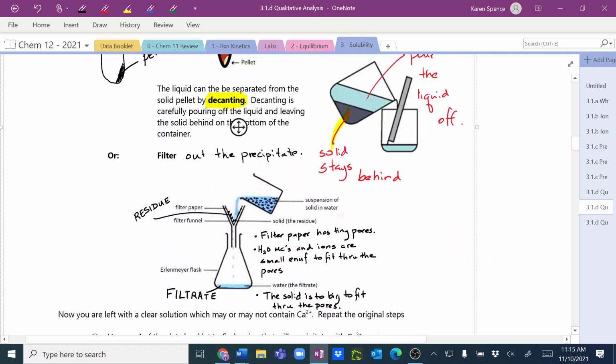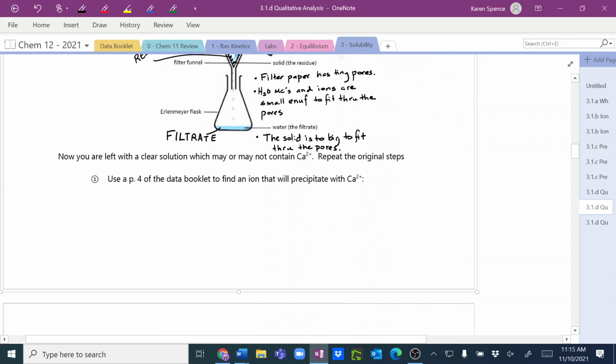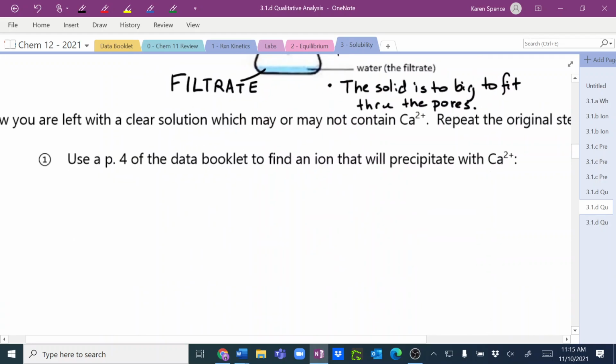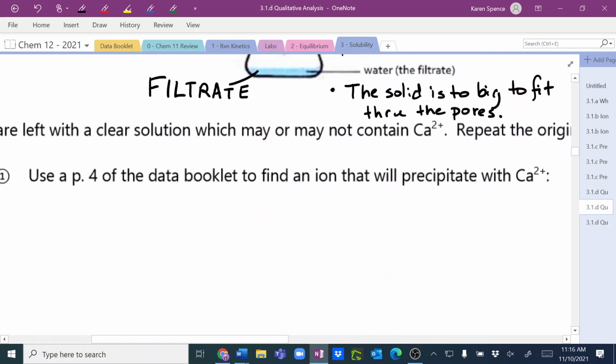So now we've got this supernatant, or the filtrate, anyway, the solution without the solid in it. And now we want to decide, is calcium there? So I would now like you to go to page 4 of your data booklet and find an ion that will precipitate with the calcium.